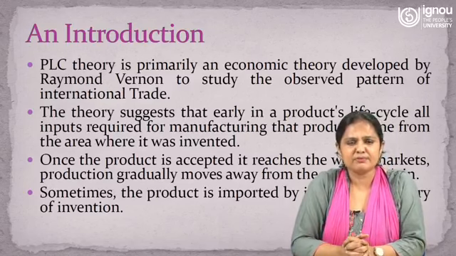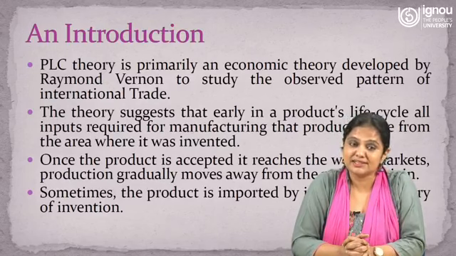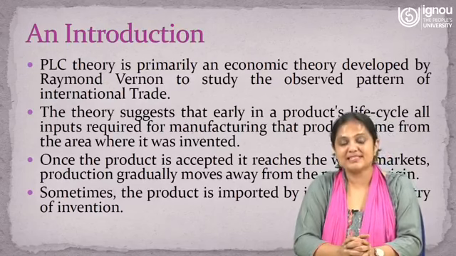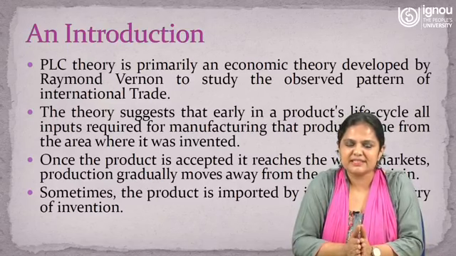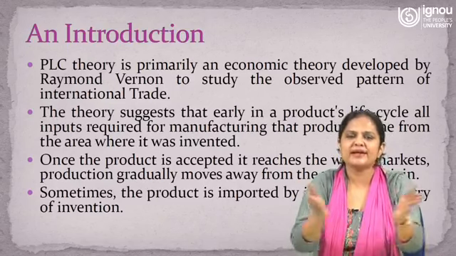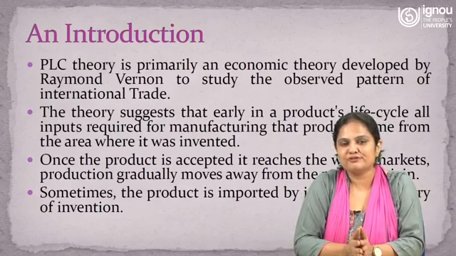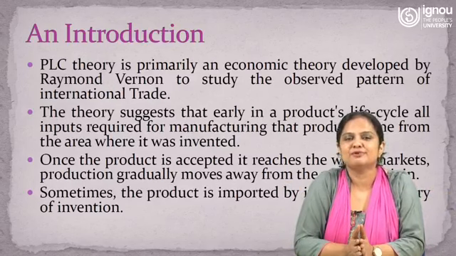Sometimes the product is imported by its original country of invention. It is so much accepted in the global markets, and the manufacturing of those kinds of products is spread so wide that even the country of invention, the country of origin, is importing the product.